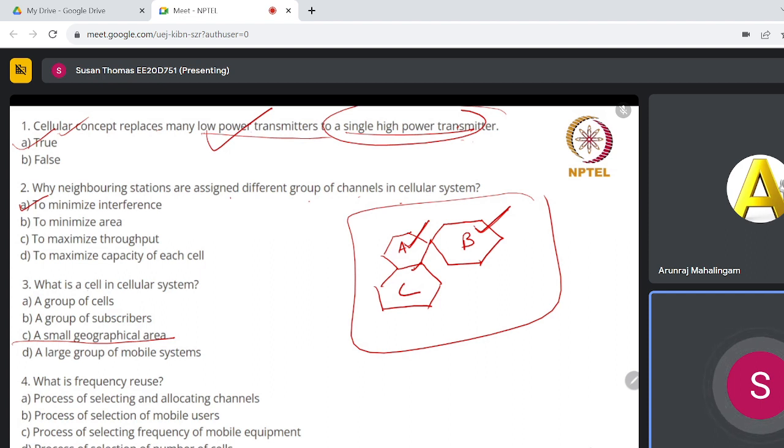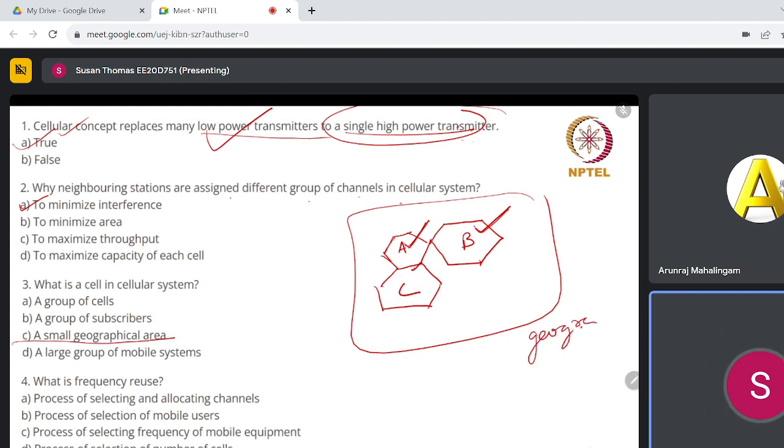In a large city, a group of subscribers will come in one cell. But in the concept of cellular communication, you have a large geographical area.